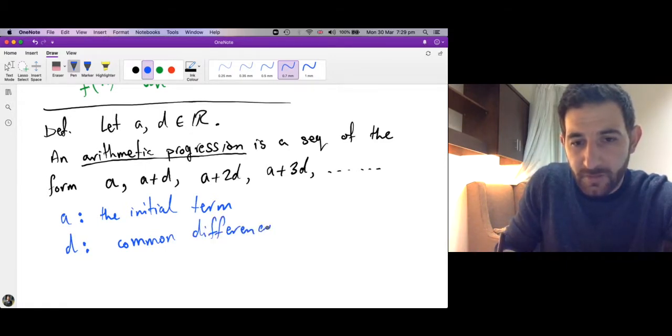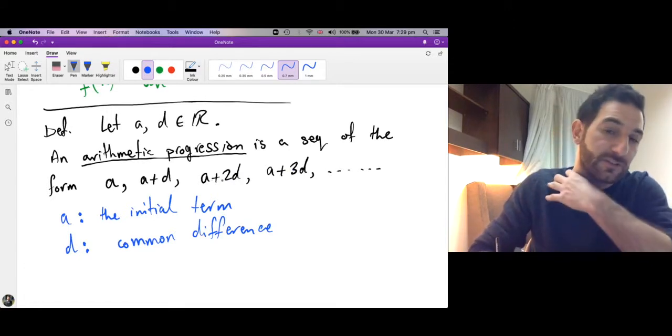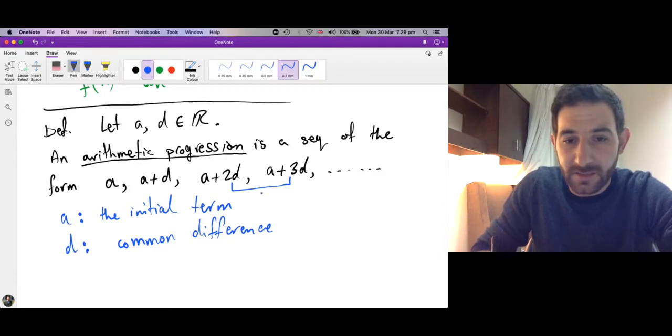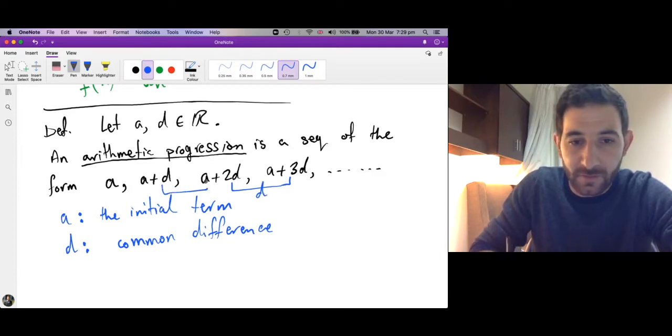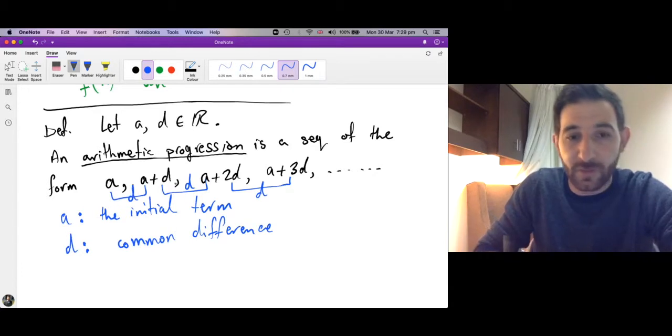Do you see why? Because if you subtract any element from the next one, you get D. So A plus 3D minus A plus 2D is D. The difference between this and this is D, the difference between this and this is also D, and so on. The common difference between consecutive terms is D.